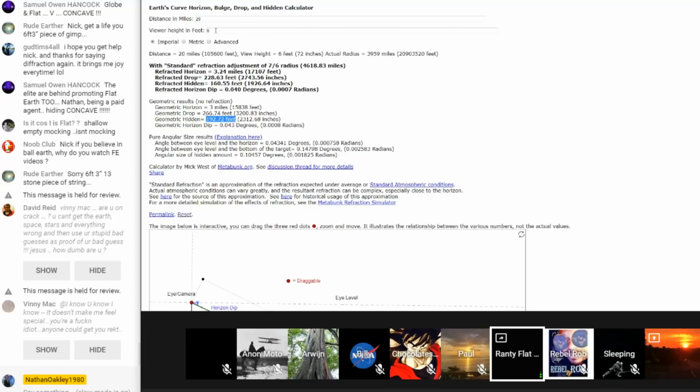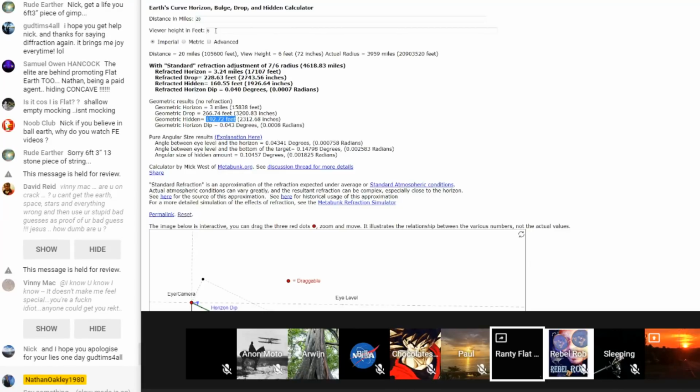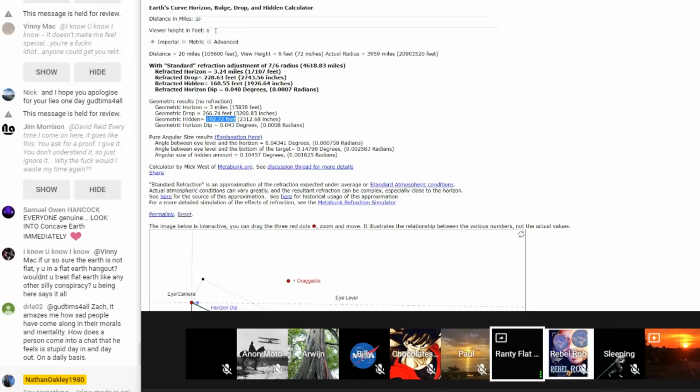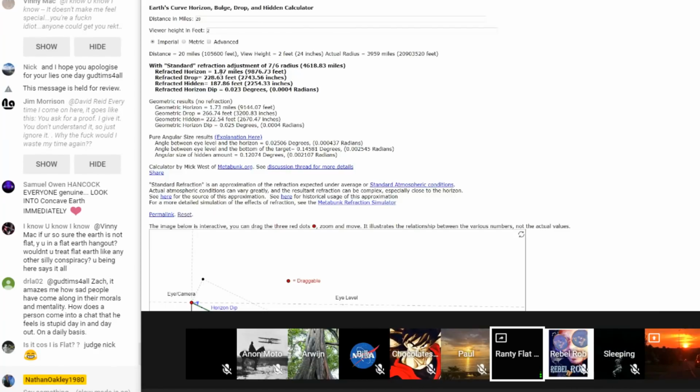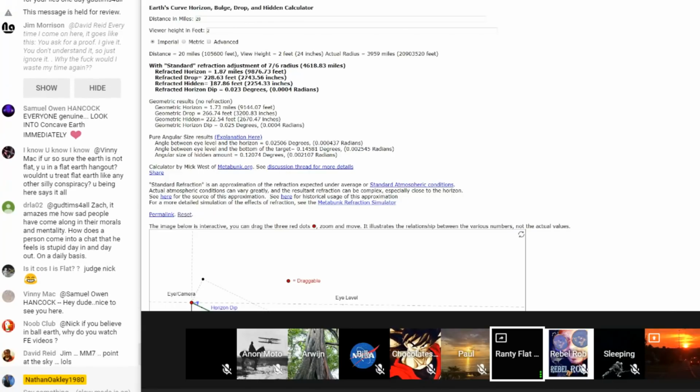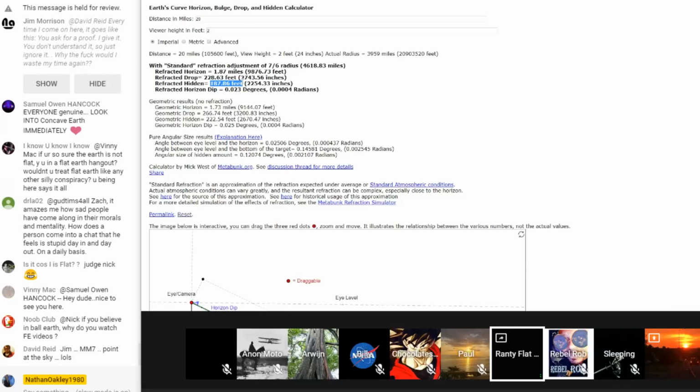But what happens when you actually factor in the waves and you realize that your camera is set to 6 feet, but the wave height obstruction in front of you is 4 feet? That literally means that your height above the actual waves is only 2 feet. So when we put that in, it goes from 192 to 222 feet of drop. That's 30 foot of additional drop now that the globers will have to incorporate into more refraction to get around this point.